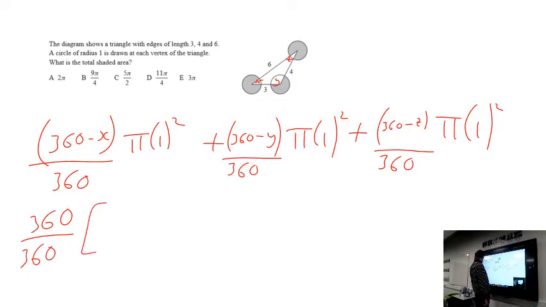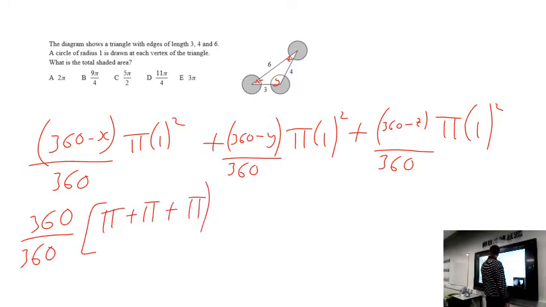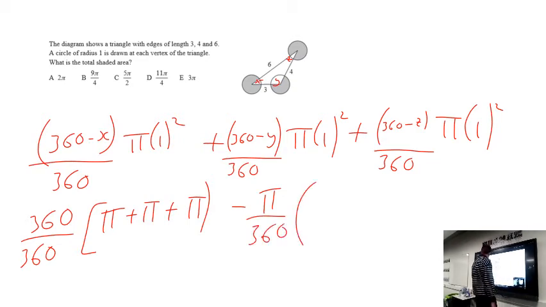So we've got pi plus pi plus pi. And then we also have pi over 360 times negative x, so I'm sticking the negative outside, so this is going to be x plus y plus z.